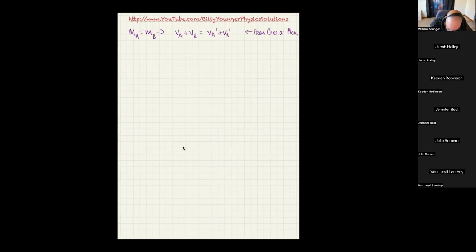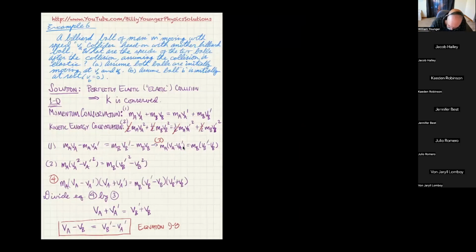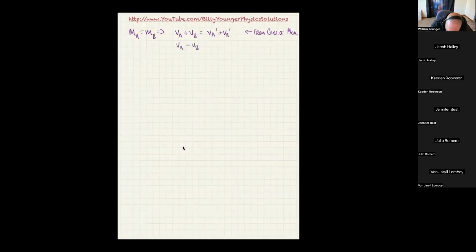Now we also know that VA, looking back here, VA minus VB is equal to the negative of VA prime minus VB prime. That's how I was telling you could reverse it. Just reverse the signs. Now, if we add these two equations together, we get VA plus VA is 2VA. And in this case, we get VA prime minus VA prime.